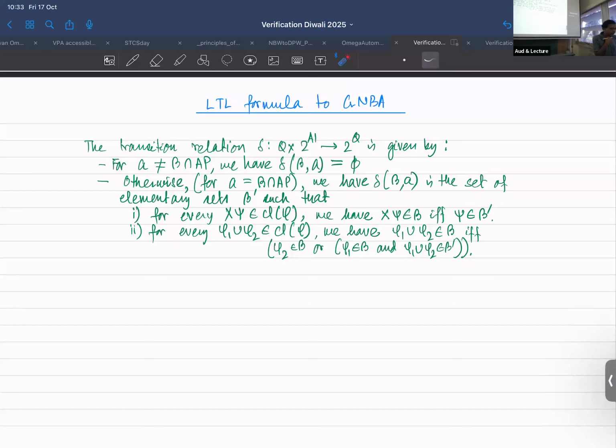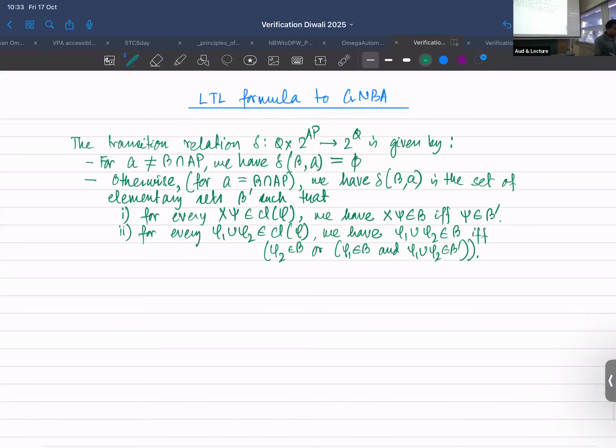So now we are going to define the transition function. How is the transition function defined? Delta is of the form Q cross the power set of the set of atomic propositions.